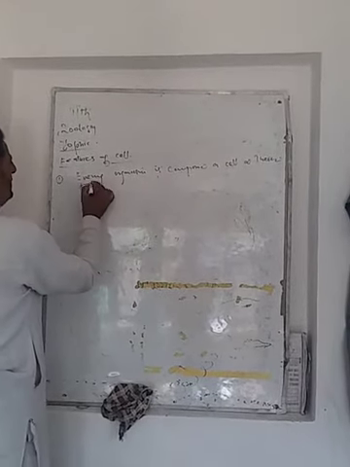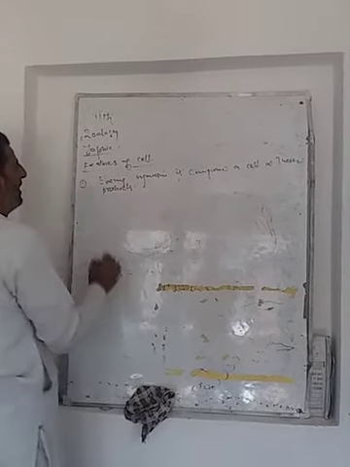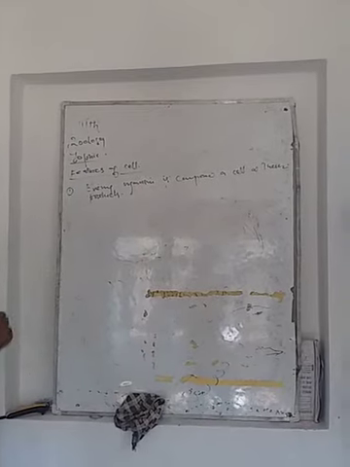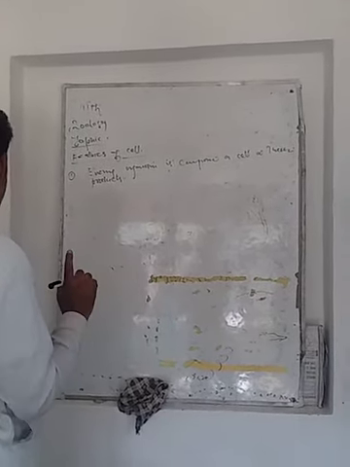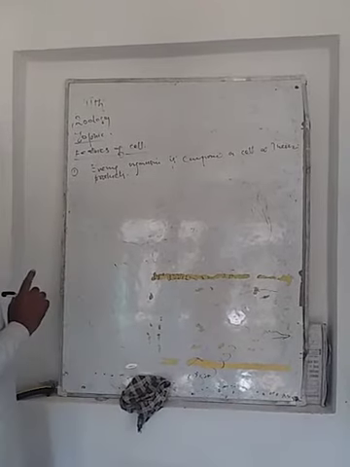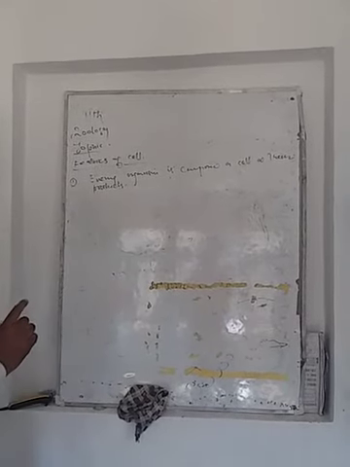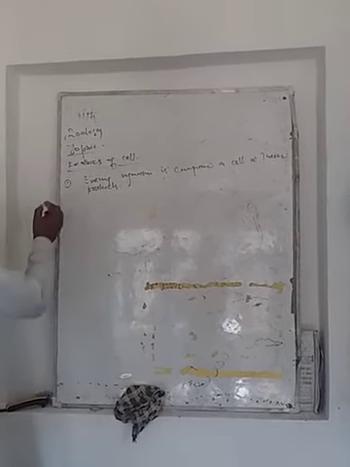That is why the composition of every living organism is a cell and its products. That's the first feature: every organism is composed of a cell and their products.